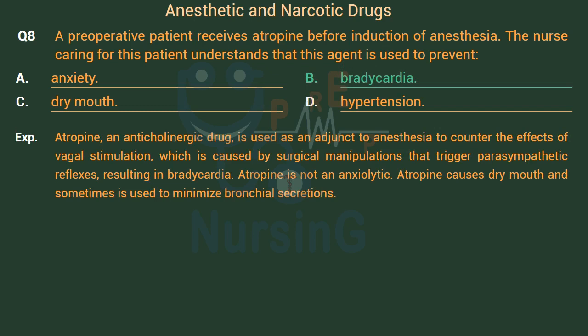Atropine, an anticholinergic drug, is used as an adjunct to anesthesia to counter the effects of vagal stimulation, which is caused by surgical manipulations that trigger parasympathetic reflexes, resulting in bradycardia. Atropine is not an anxiolytic. Atropine causes dry mouth and sometimes is used to minimize bronchial secretions.